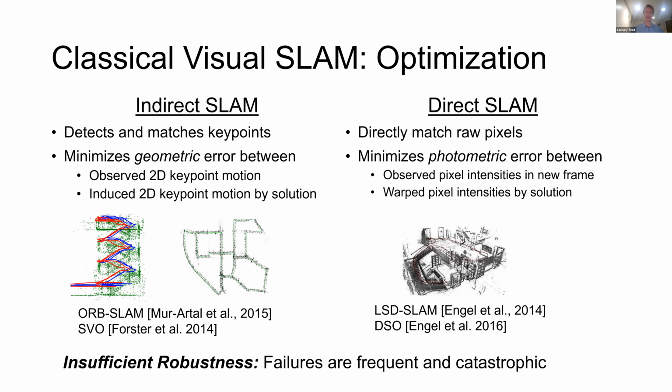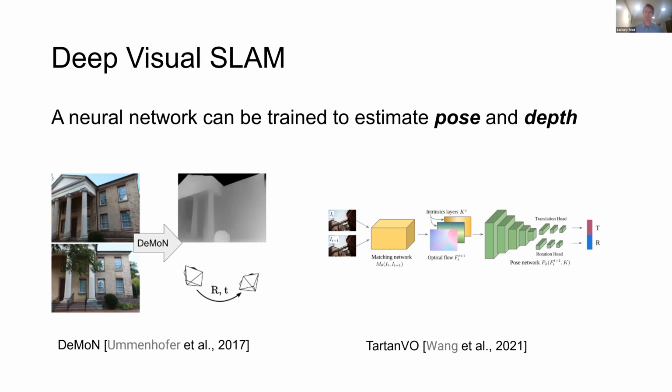The problem with these classical SLAM systems is insufficient robustness. Failures are frequent, and when they fail, the results are usually catastrophic. So they have this binary performance: if they work, they work very well, and if they don't work, they give results that are not usable. Additionally, there's been a lot of work on trying to apply deep learning to visual SLAM.